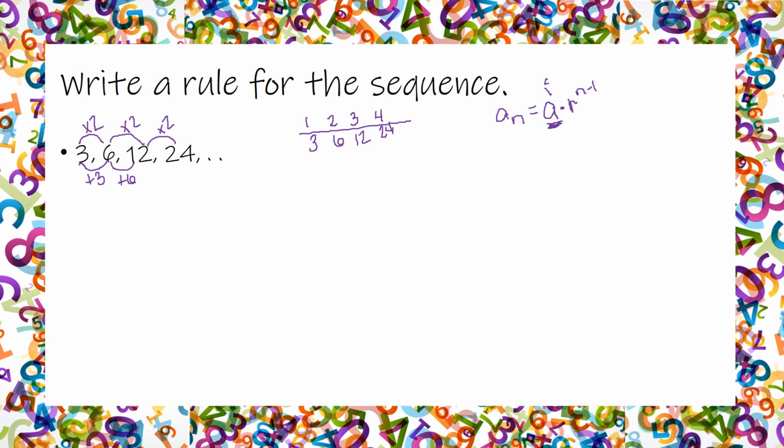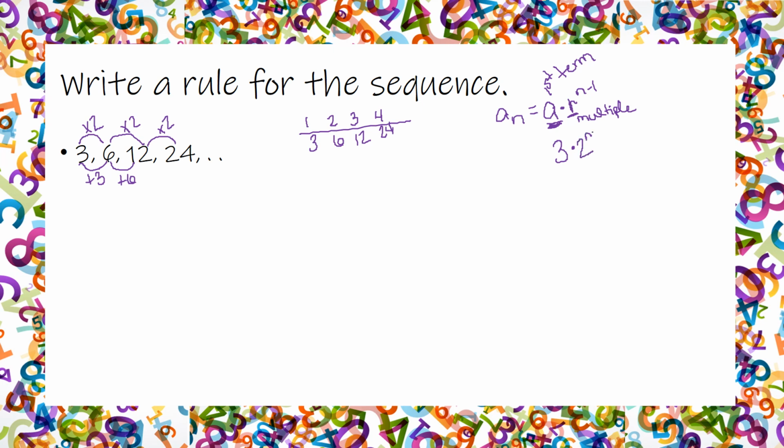So our first term is a. So a is the first term. That first term is 3. The multiple is r. That's the multiple.